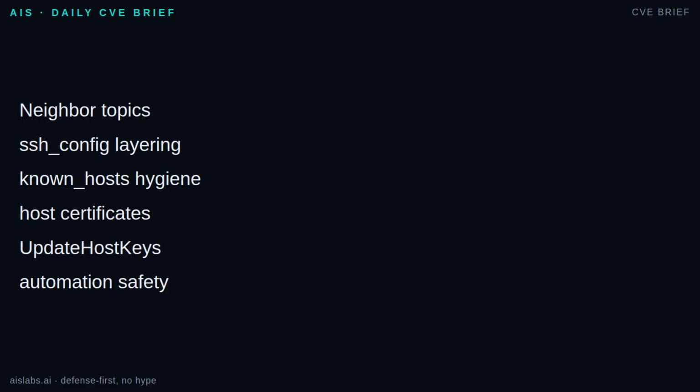Later, host certificates can reduce per-host pinning by trusting a host CA, which is cleaner for large dynamic fleets. UpdateHostKeys can help add new keys after a trusted connection exists, but it is not a magic replacement for verifying an unexpected changed key. The theme is simple. Automation should be boring because trust decisions were made earlier.